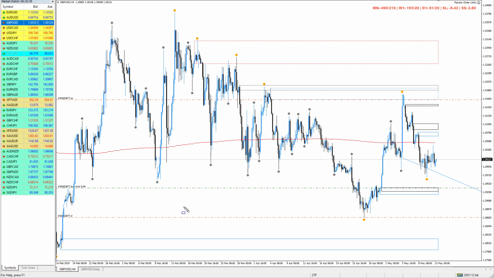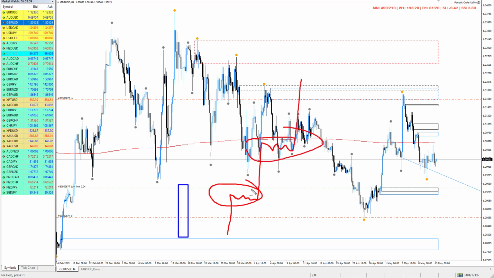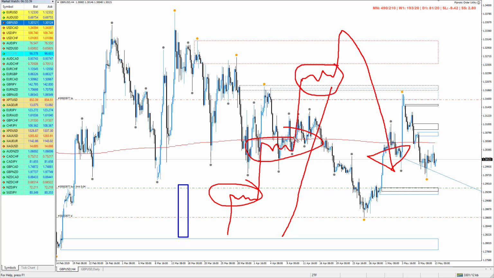Okay, so if we draw continuation patterns: price moves higher, moves sideways, and it moves higher, sideways, higher. These are lower probability, and the further you go to the top, to the major turning point, the lower the probability. So this is low probability, this is medium, and this is higher.